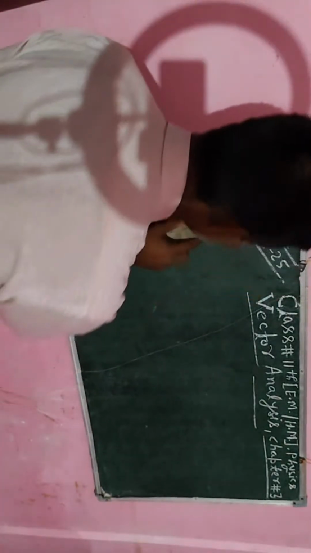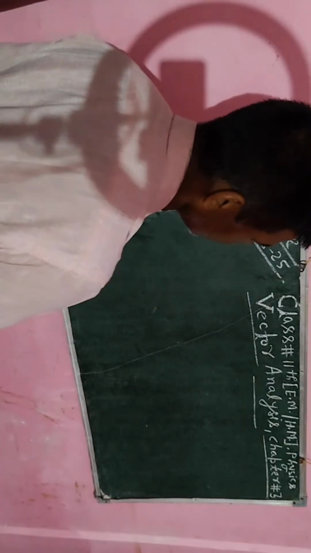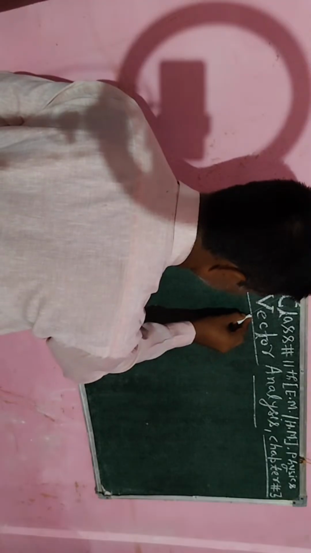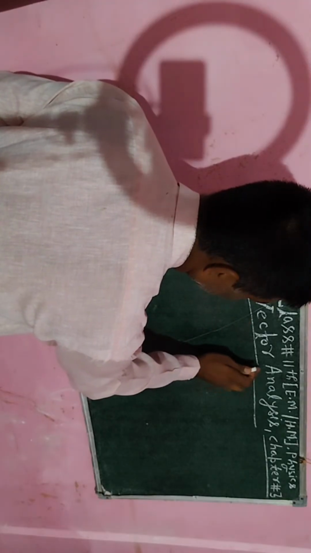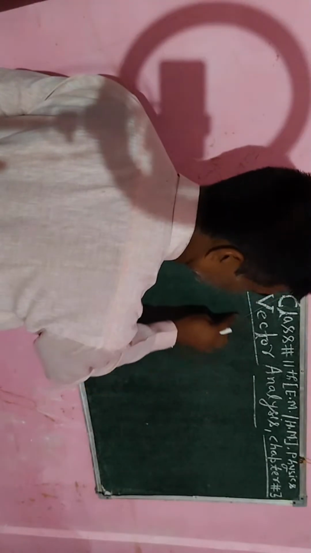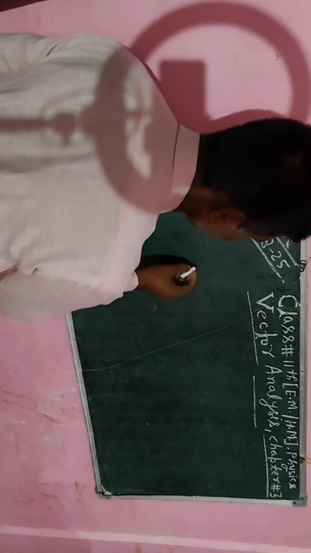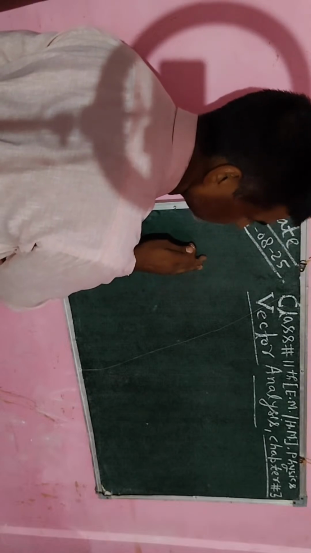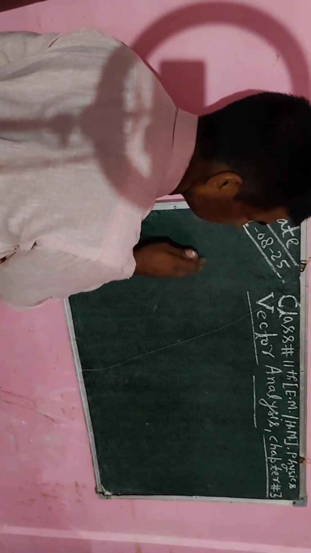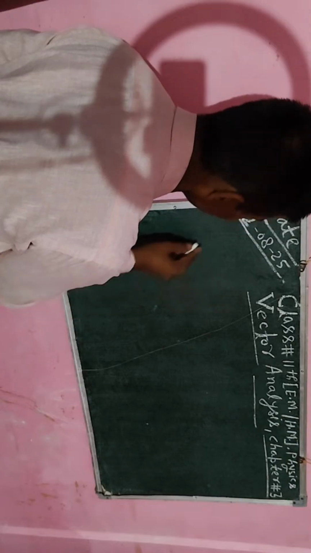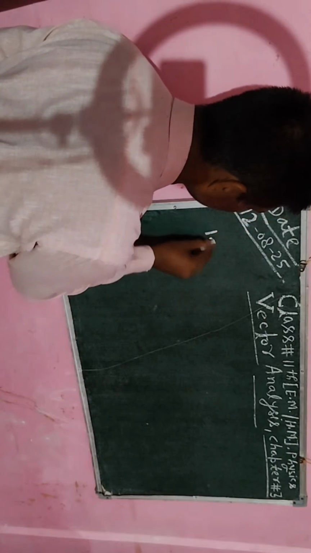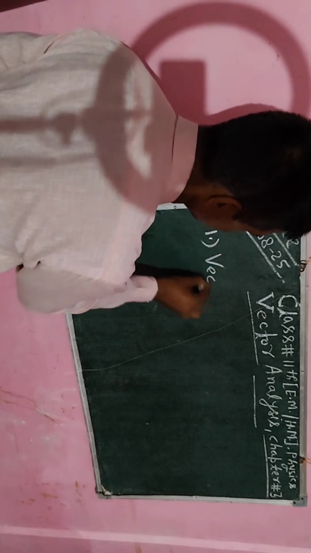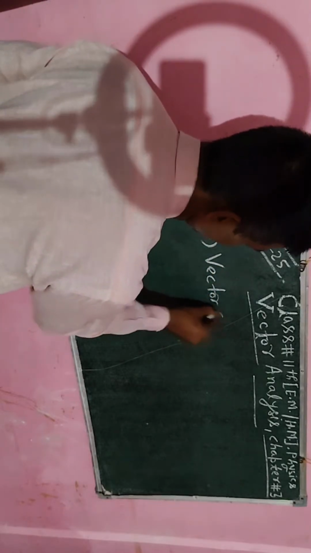Here I am going to explain vector analysis. Analysis means we have studied about vectors. First I will define two things: the vector quantity and the scalar quantity. The first point to explain is the vector quantity.